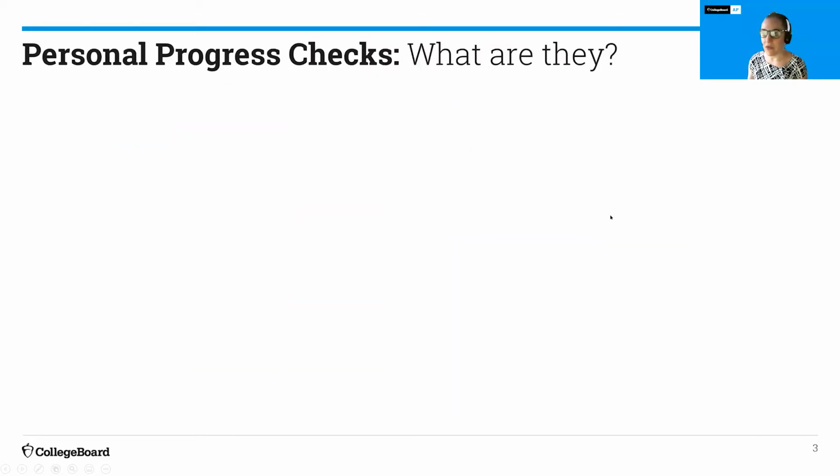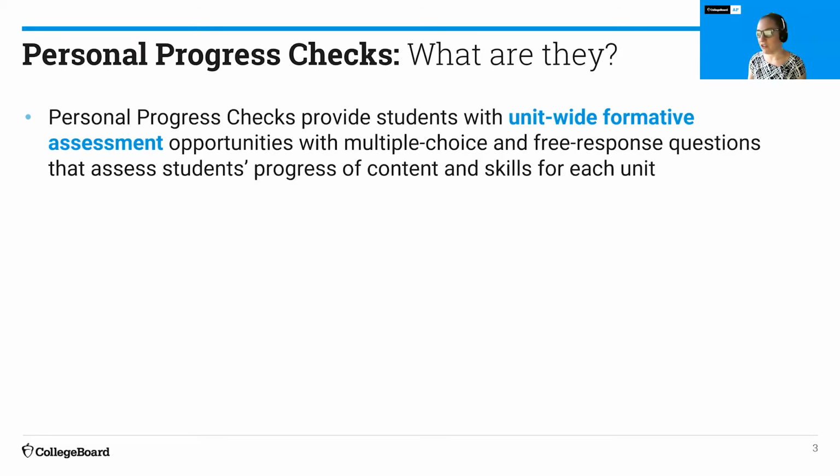So let's start with, what are the personal progress checks? Well, the personal progress checks provide students with unit-wide formative assessment opportunities with both multiple choice and free response questions that assess students' progress of content and skills for each unit.